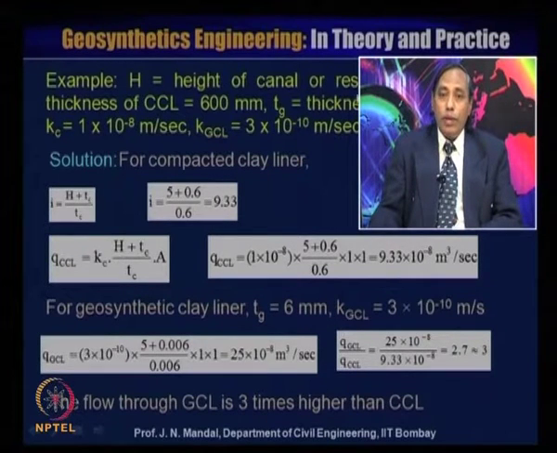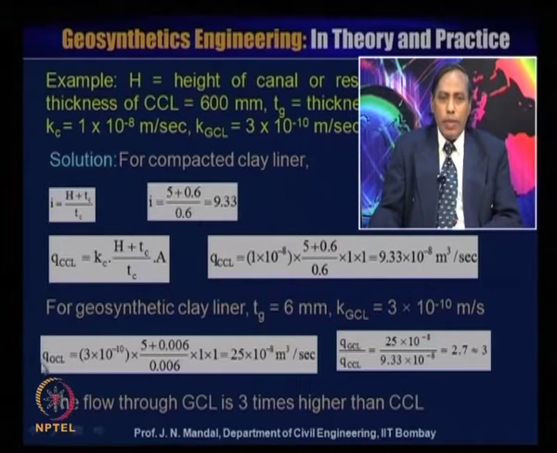Now, as an alternative to the compacted clay liner, if you adopt the geosynthetic clay liner, the thickness Tg is given as 6 millimeter, and the hydraulic conductivity of the geosynthetic clay liner is 3 into 10 to the power minus 10 meter per second.